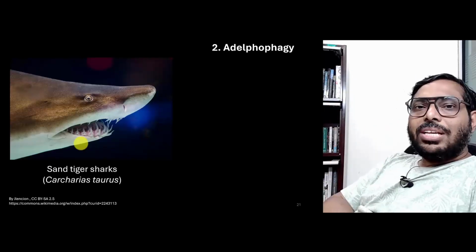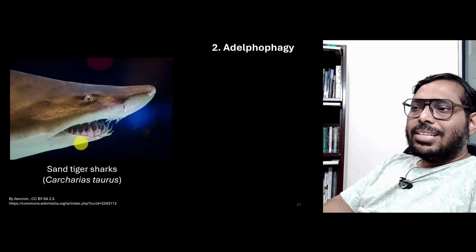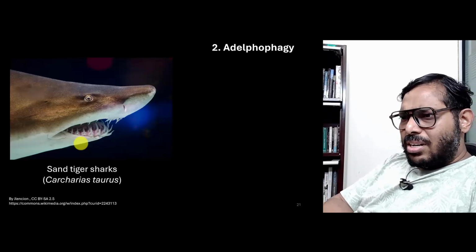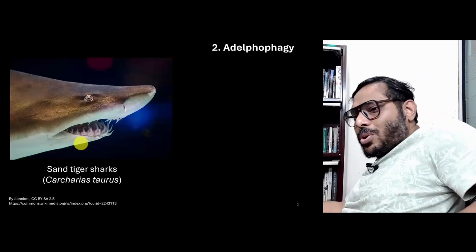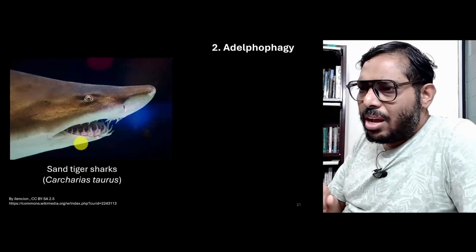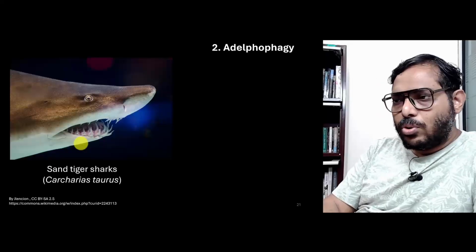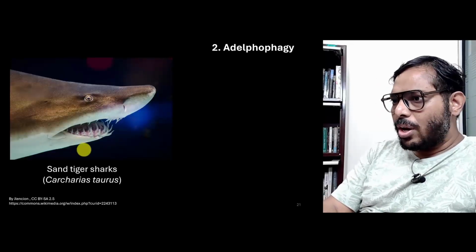One of the ways in which it happens is what is known as adelphophagy. So, this is the rather dangerous looking sand tiger shark. Although it looks this dangerous, apparently it is not very harmful to humans, it does not really attack humans at all.